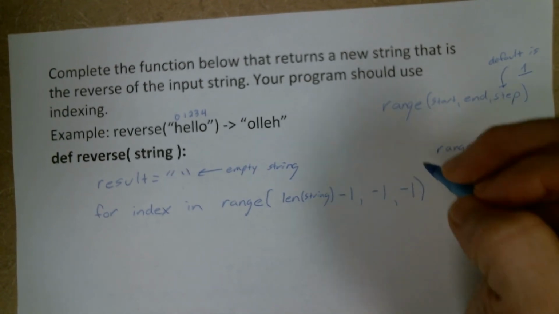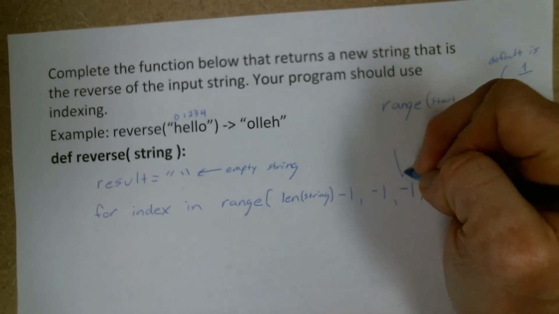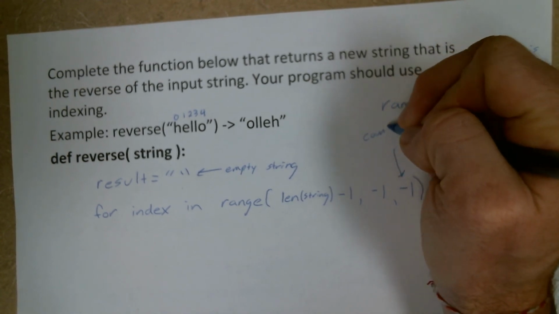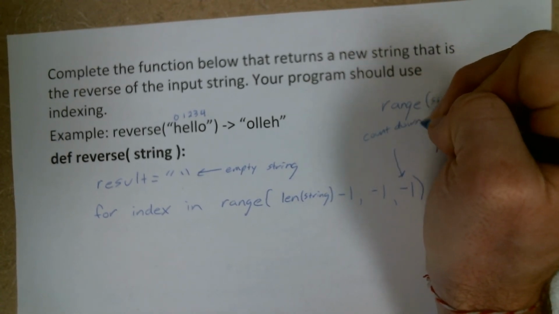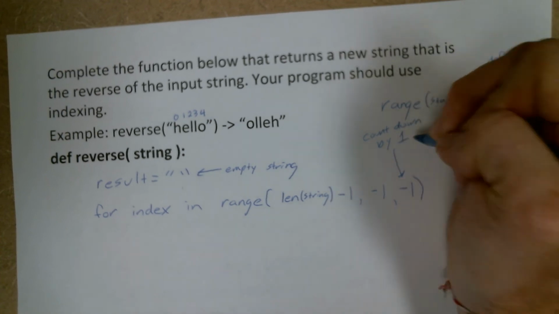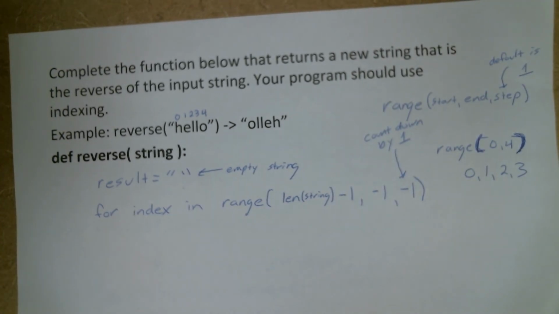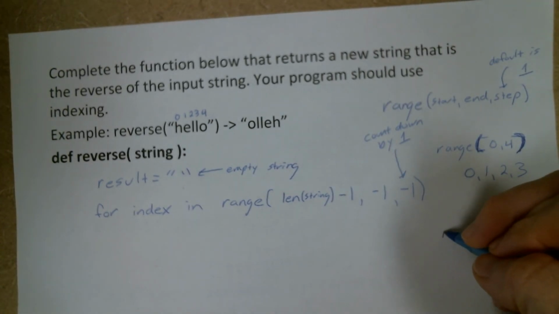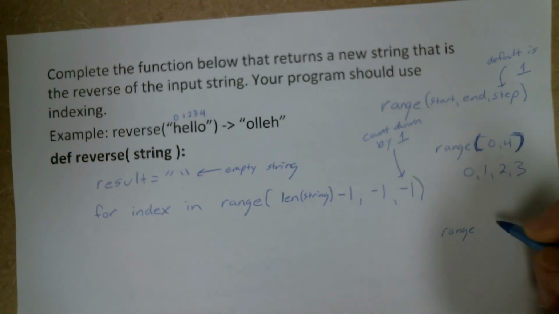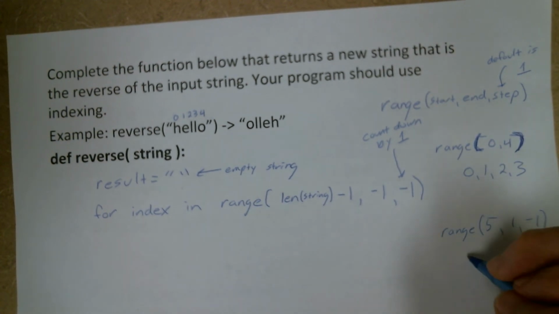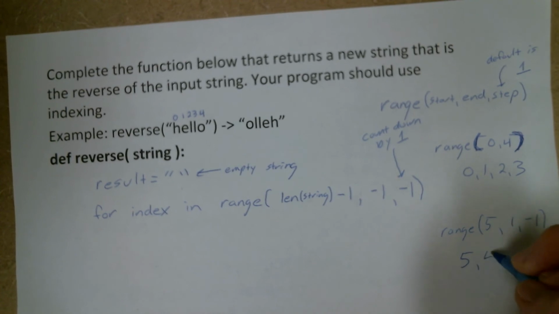This is telling it to count down by 1 instead of counting up by 1. Let me do a silly example here: if I said a range of 5, comma, 1, comma, -1, this would give me 5, 4, 3, and 2.